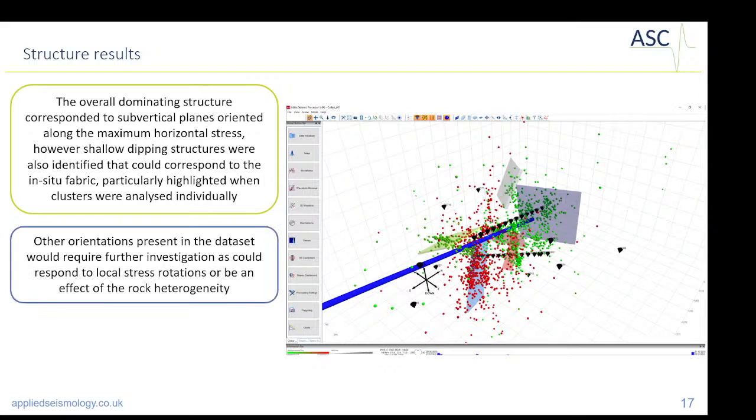So the orientations that do not correspond to these fabric or mapped fractures need further investigation, because they could be an effect of local stress rotations, or, as I said previously, an unmapped, unknown fracture that induced that other orientation.